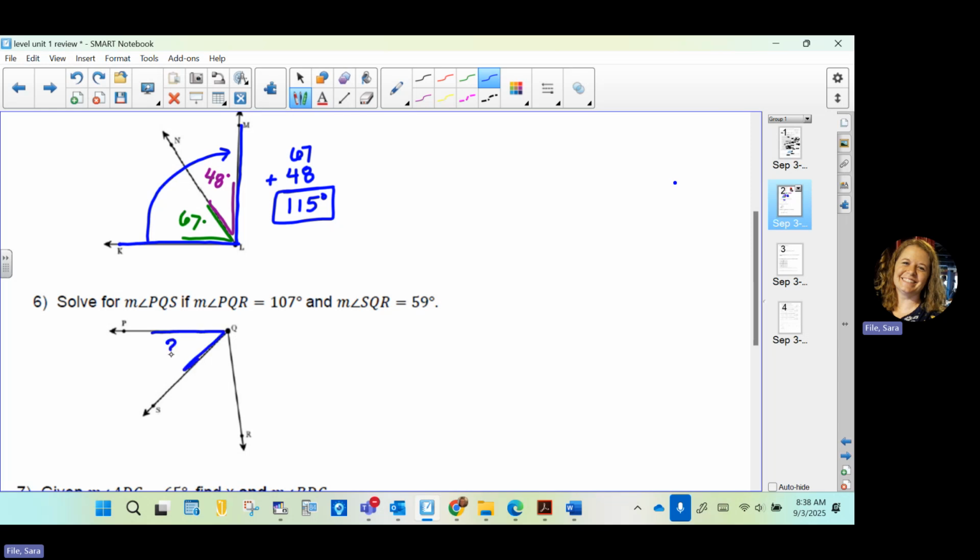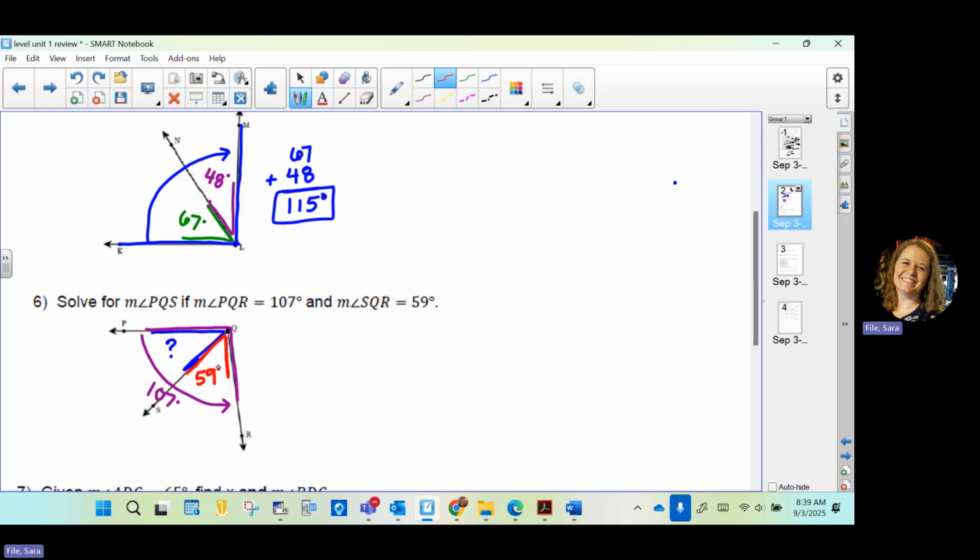That's what we want to know. And then they tell us the whole big thing, PQR, whole kit and caboodle here, the big part is 107. And SQR, so that's this other small one here, is 59.